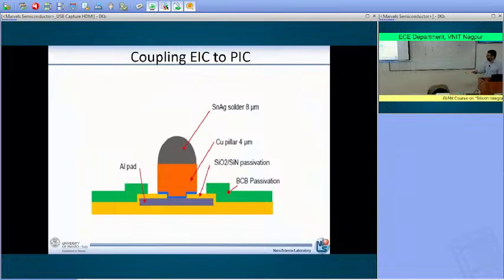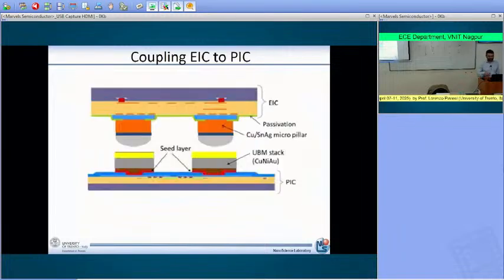So you have a copper pillar that is placed on the electronic integrated circuit. So all the signal from the electronic integrated circuit reaches this copper pillar. And then you have a tin-based solder that is used in order to solder, to bond the electronic integrated circuit to the photonic integrated circuit.